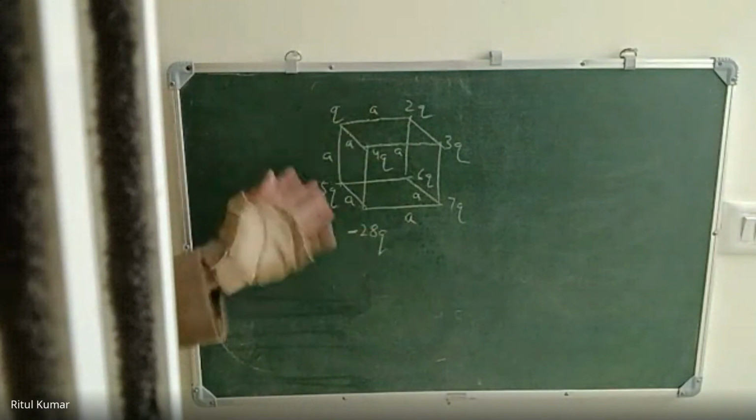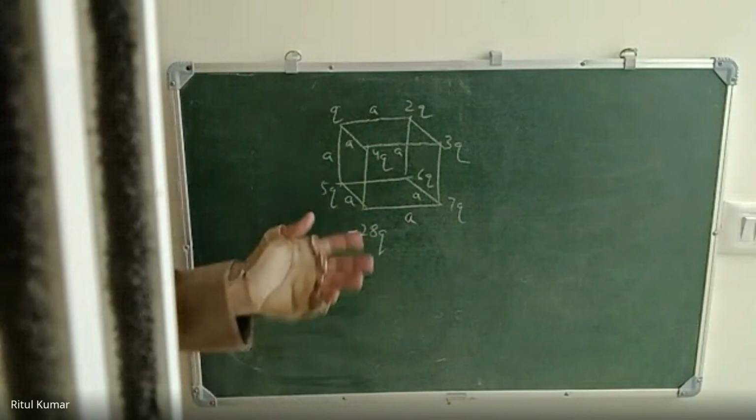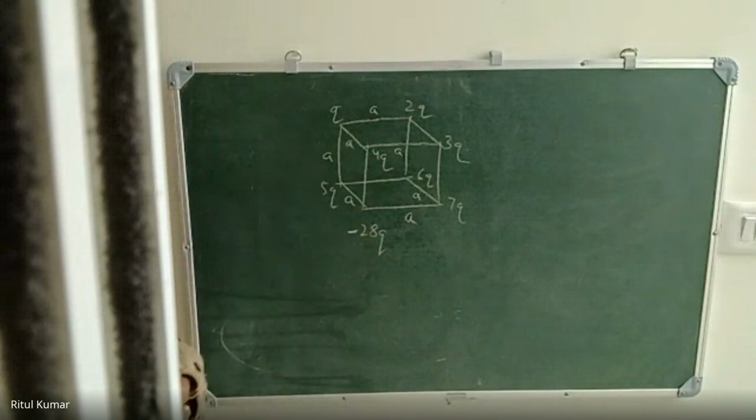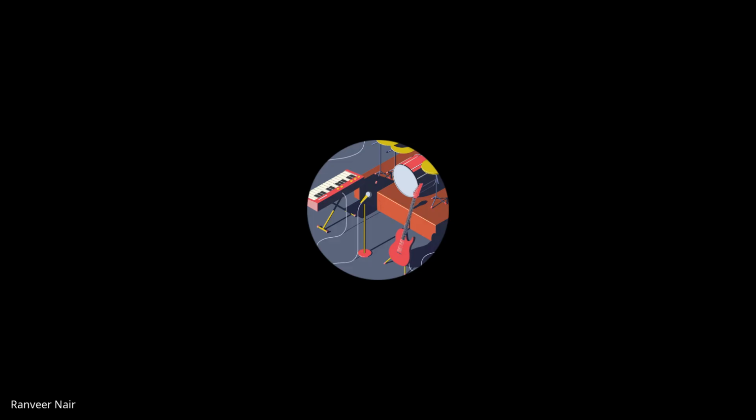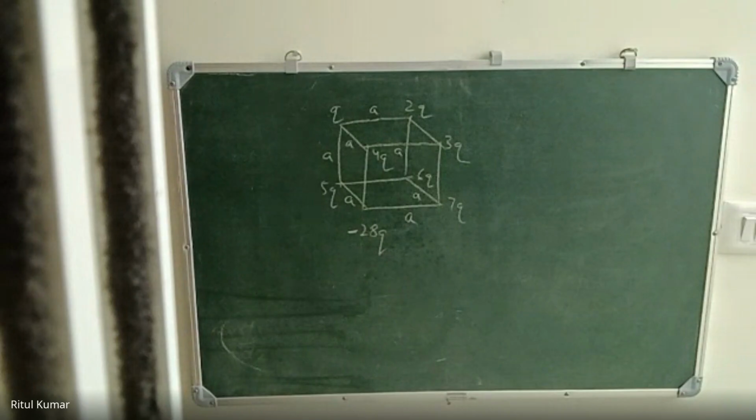Nothing much. Just arrange the charges. Net charge should be 0. You can take any arrangement. Correct? Yes, sir. Now what is being asked is, what will be the dipole moment?